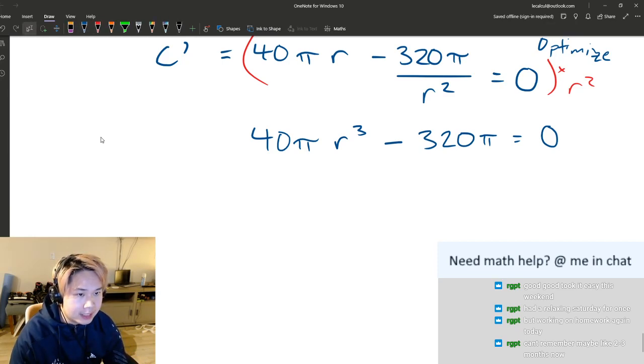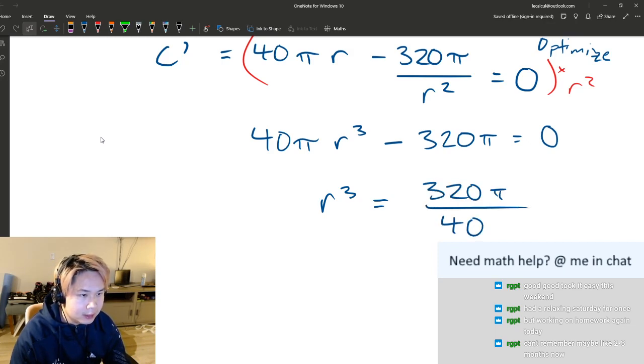And then you'll have this, and then this is way easier to solve for r. So what happens now? R cubed is going to be 320 pi over 40 pi. And then pi's cancel. 32 divided by 4 is 8.